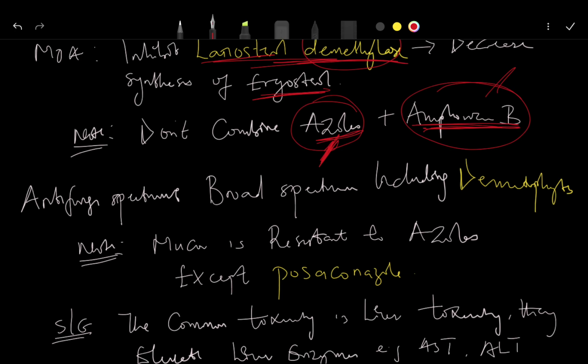Azoles have a broad spectrum against fungus, including dermatophytes. Remember we said that amphotericin B kills a wide range of fungus except dermatophytes because it does not concentrate on the skin. But azoles have the ability to concentrate on the skin, so they are used for a wide range of fungus.